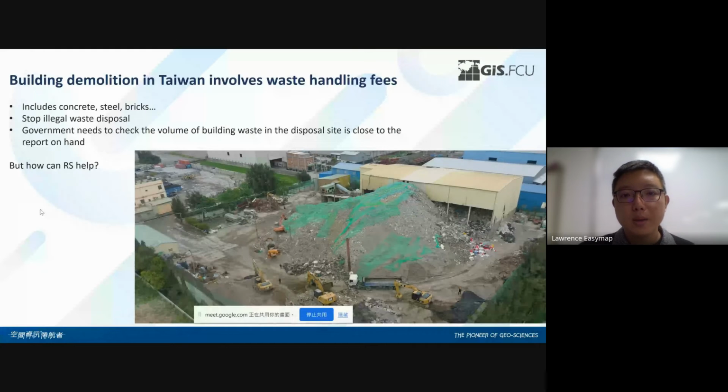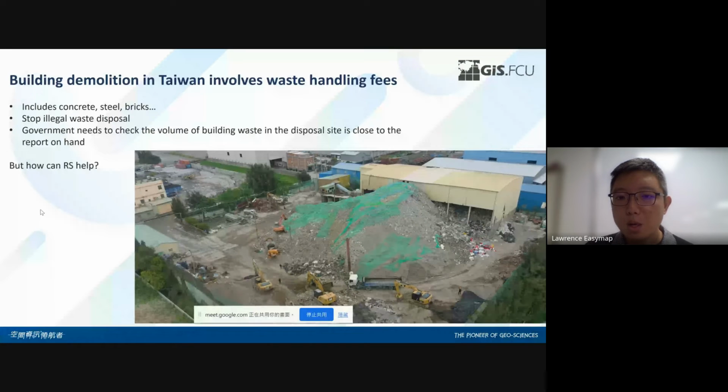In Taiwan, when a building is demolished, the government requires a waste handling fee, because you cannot just dump the waste anywhere you like. You need to handle it very properly.